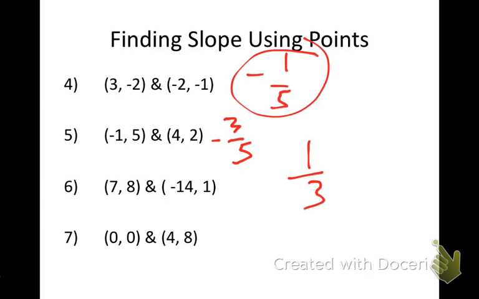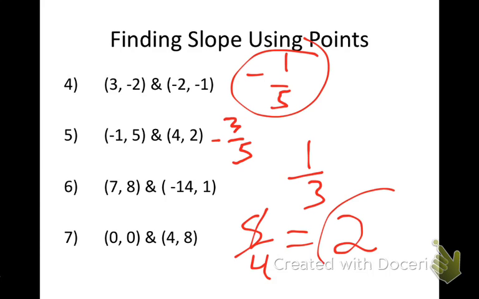Very good. And number 7. What'd you have for number 7? Half. Number 7? 2. Thank you very much. 8 over 4, which is really just 2.